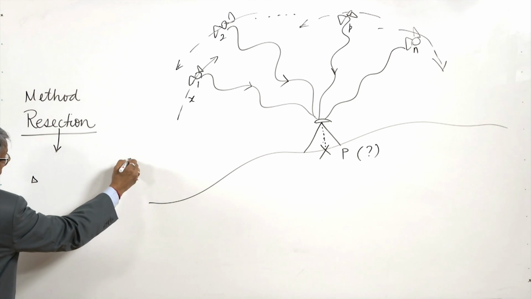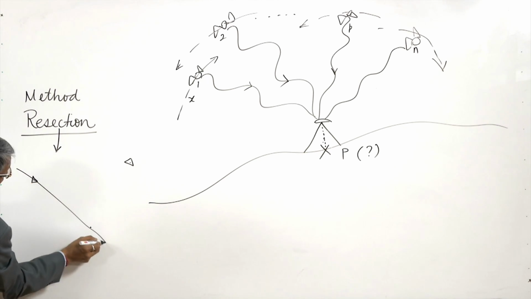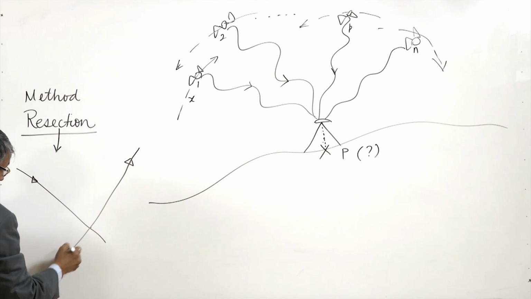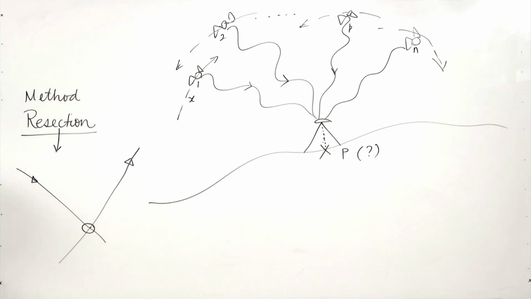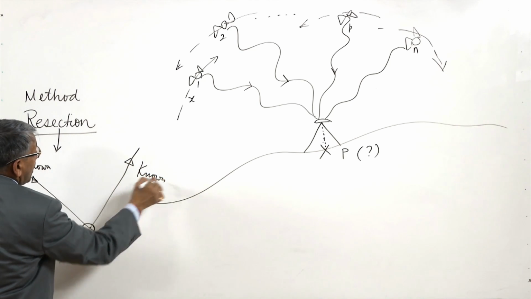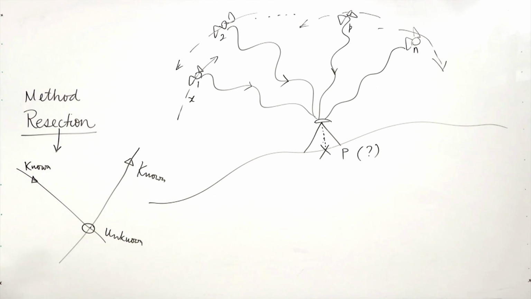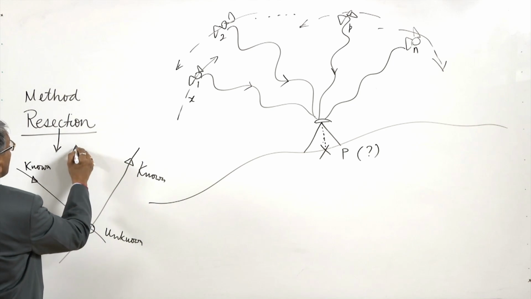So if we know the positions of 2 objects, and from there we draw lines, the intersection of these 2 lines will give the position of this point. So from known points, the unknown point location can be determined. So in the case of planimetric position we need 2 objects. In the case of a 3-dimensional position we need 3 objects.